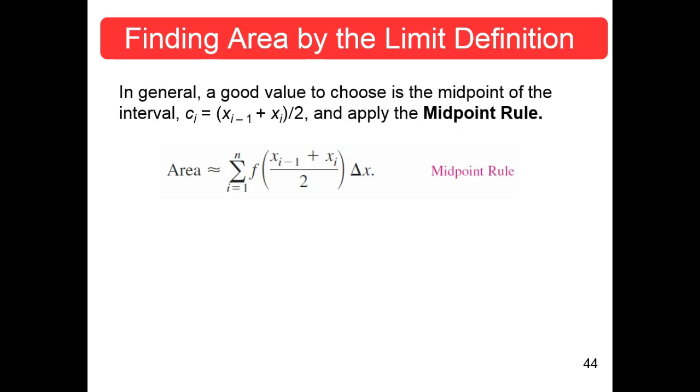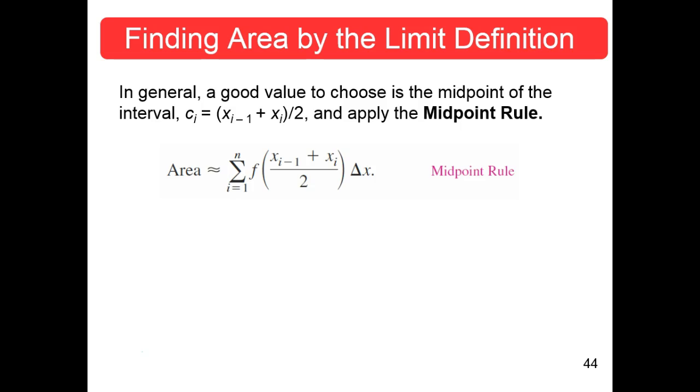For an approximation, however, you should try to find the value c sub i that gives a good approximation for the area of the ith subregion. In general, the good value to choose is the midpoint of the interval, which is halfway between x sub i minus 1 and x sub i. So you add those two together, divide by 2.